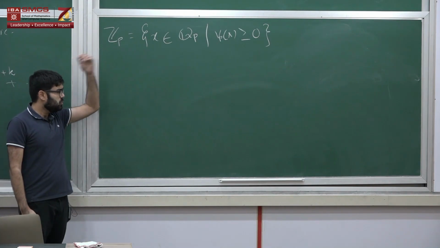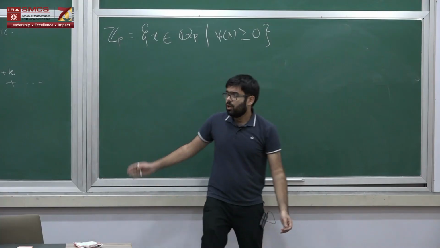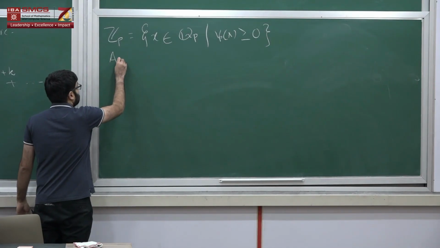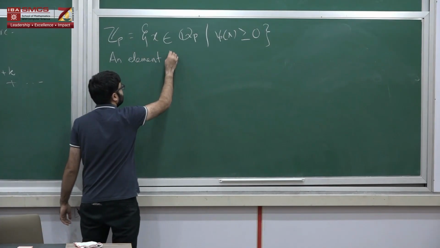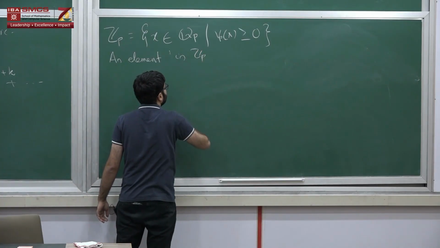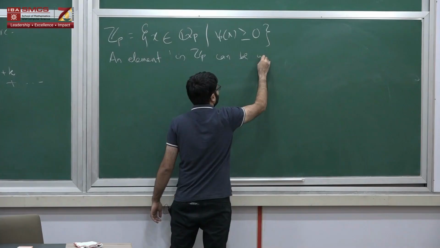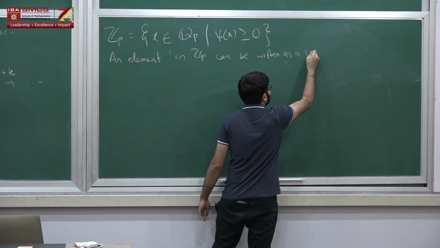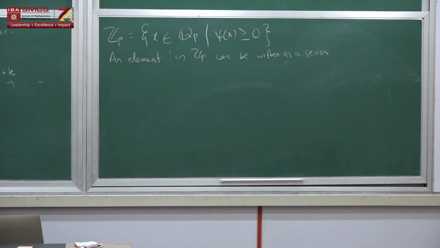What I want to start today with is mostly an interpretation of this space. An element in Zp can be written as a series, but this time this r must be greater than or equal to 0.